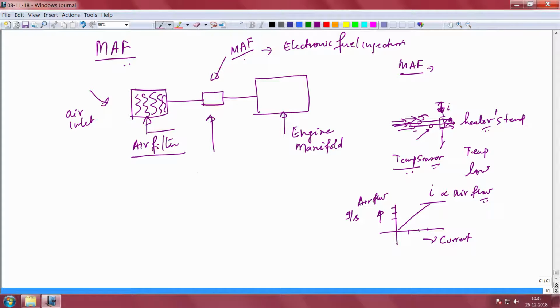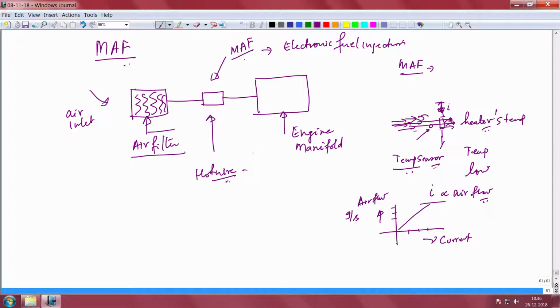This is also called the hot wire measurement device. Essentially, the mass airflow sensor measures the amount of air which is entering the engine, which is also called the airflow. This simple electrically heated wire, which is nothing but the hot wire, is the one that actually measures the airflow.